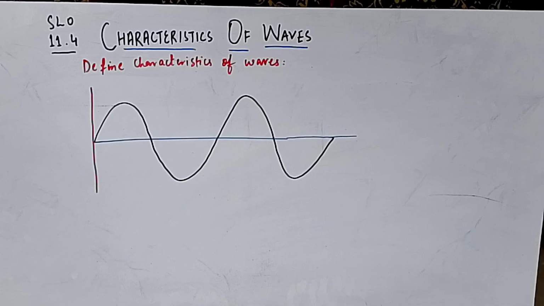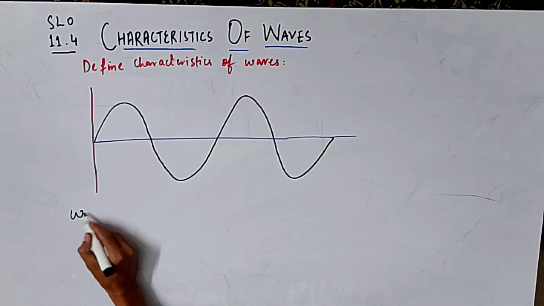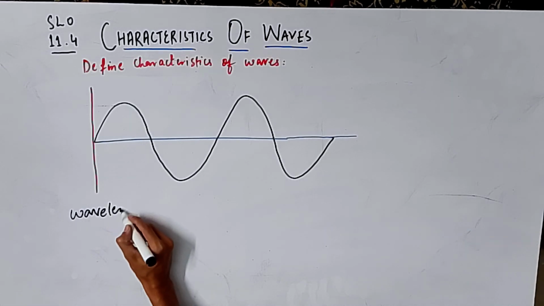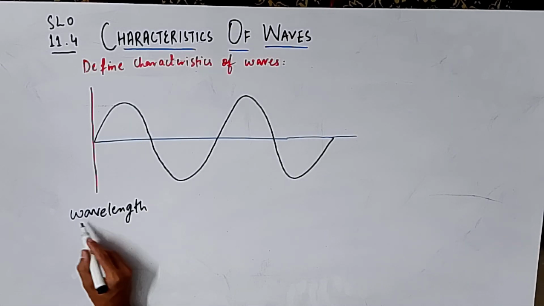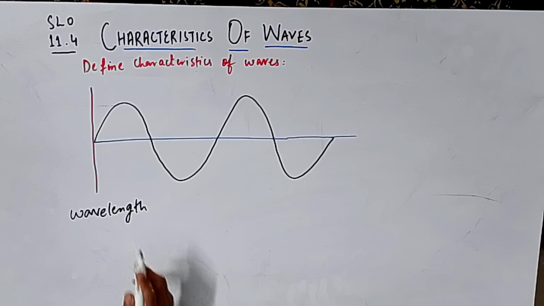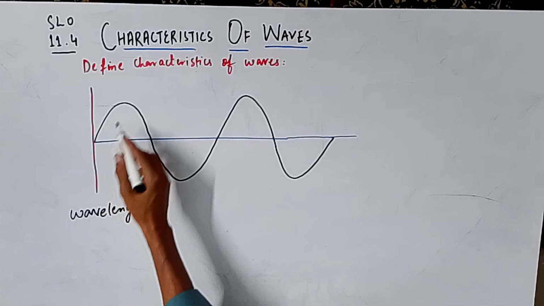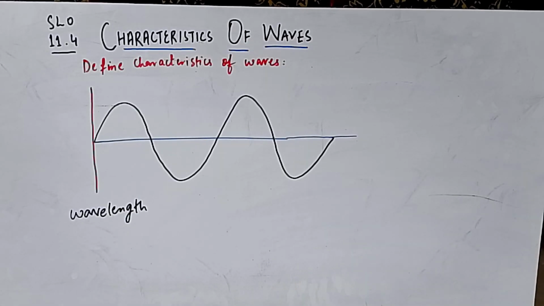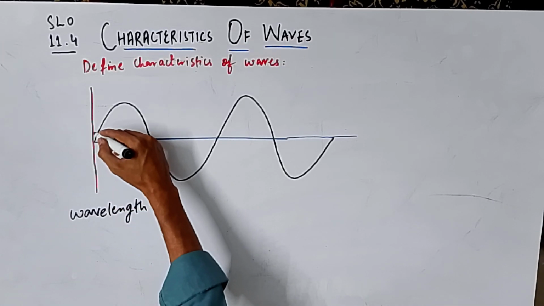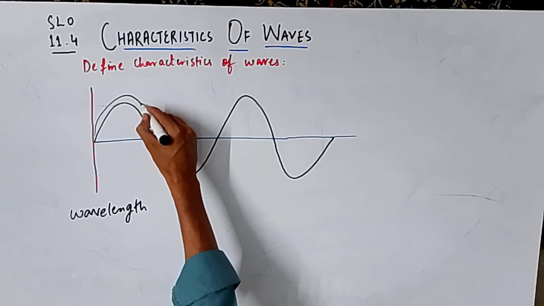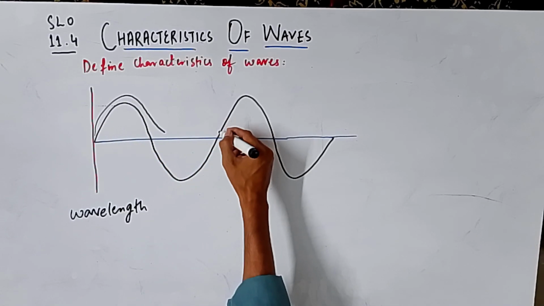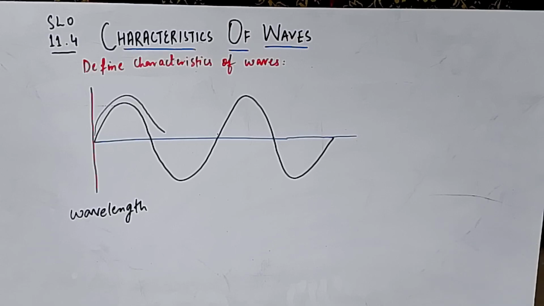So first of all, wavelength, the second characteristic of the wave. Is this one complete wave? No, one complete wave is from this point to this point, right? This is a complete wave.